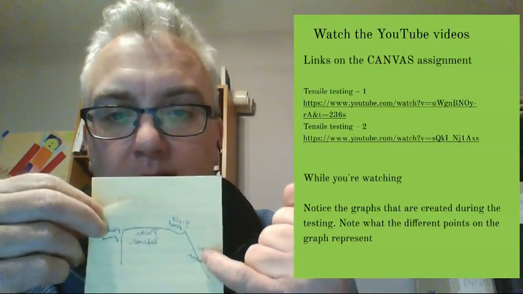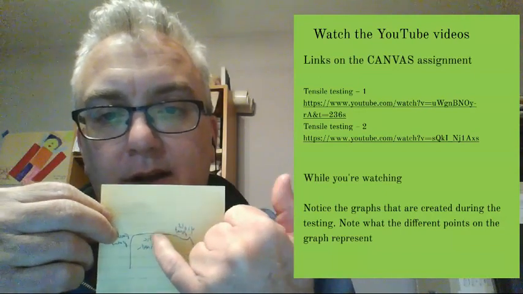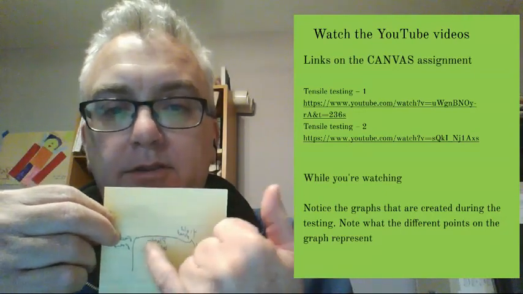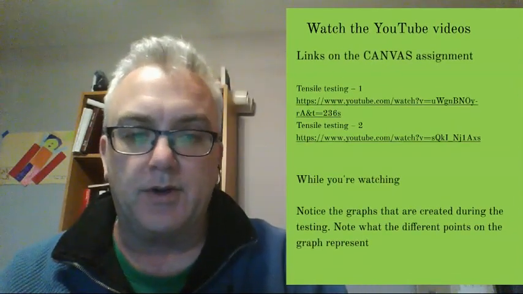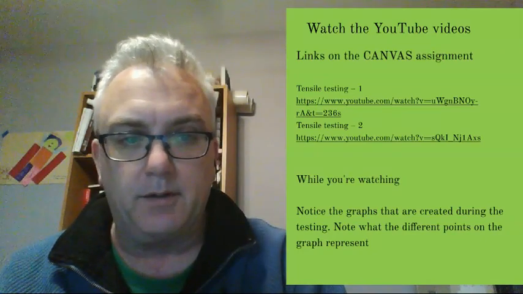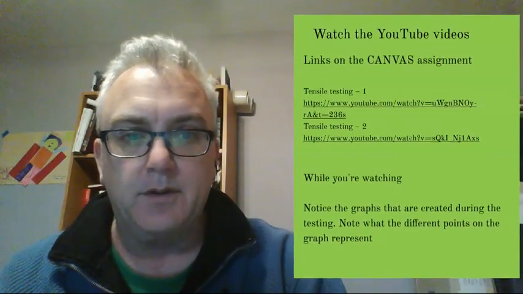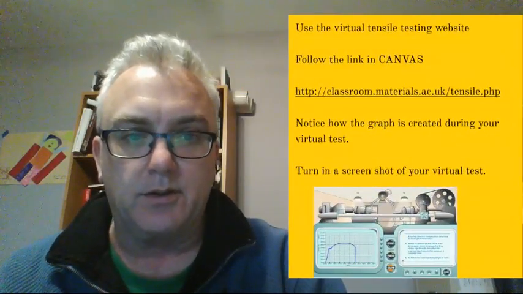So the slope of this line, the place where this point is, the length of this line, and the place where it breaks, all has to do with the material properties. So notice how those graphs are made as you're watching the video and when you're doing your online virtual testing. So let's go into the virtual testing. When you go into this virtual tester, it'll look like this.